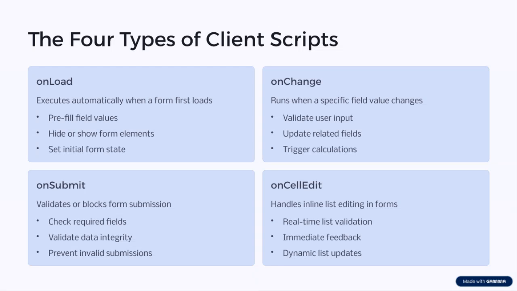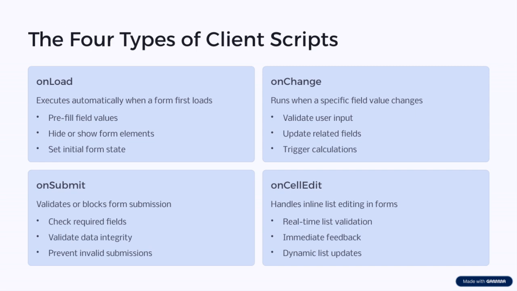Let's take a closer look at the 4 types of client scripts and how they help us create a dynamic and user-friendly form experience. First, we have the ability to perform dynamic list updates, which means the list can change instantly based on user actions, providing immediate feedback. This is crucial for keeping the form responsive and ensuring users see real-time validation or options.